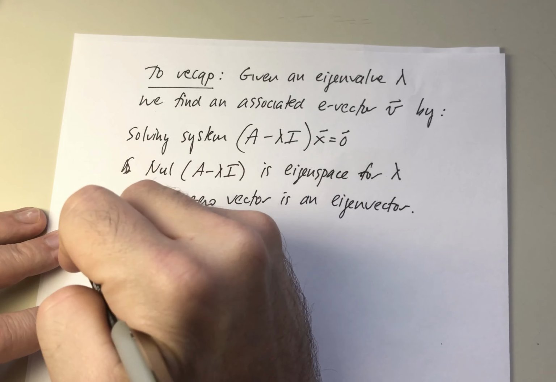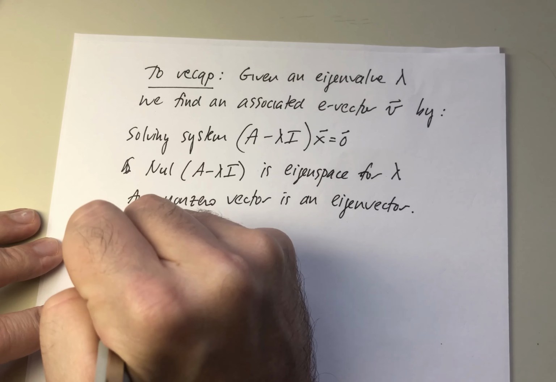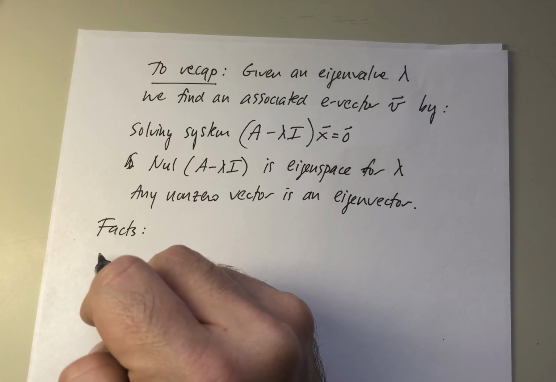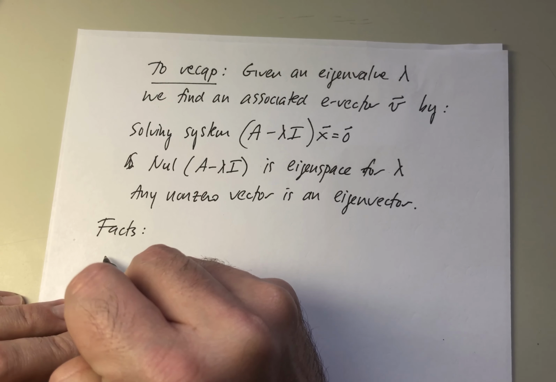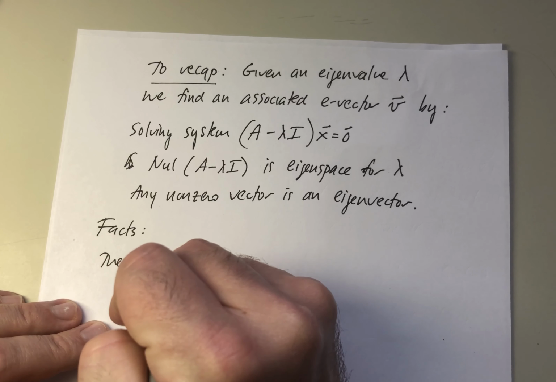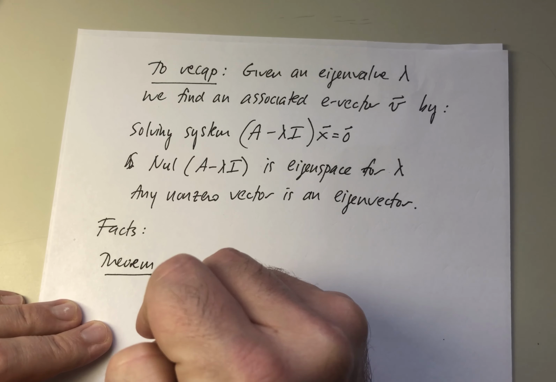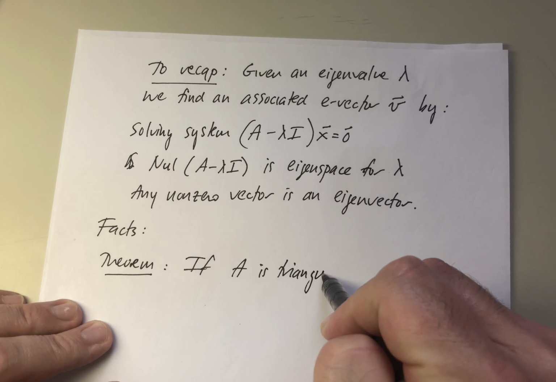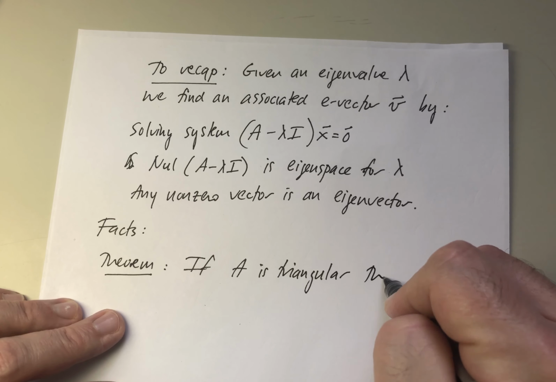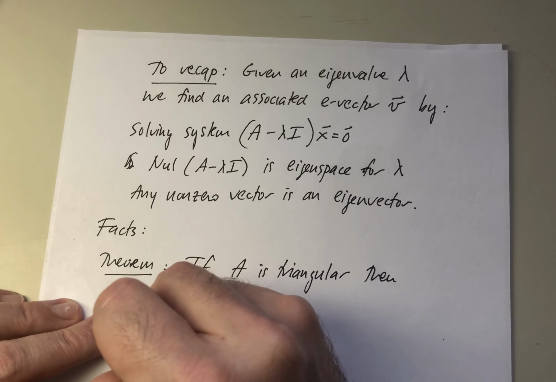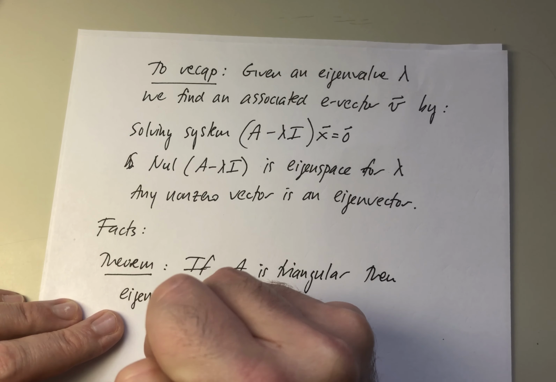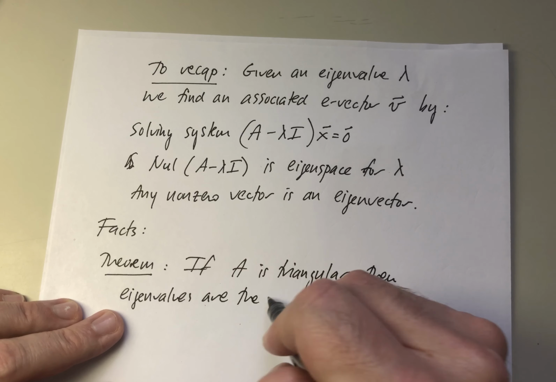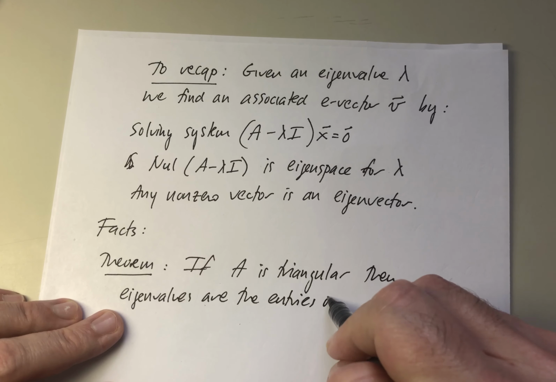Maybe a couple things I want to write down. Facts about eigenvectors that I'll let you check the book to verify. First of all, fact 1 or theorem: if A is triangular, then the eigenvalues are the entries on the diagonal.